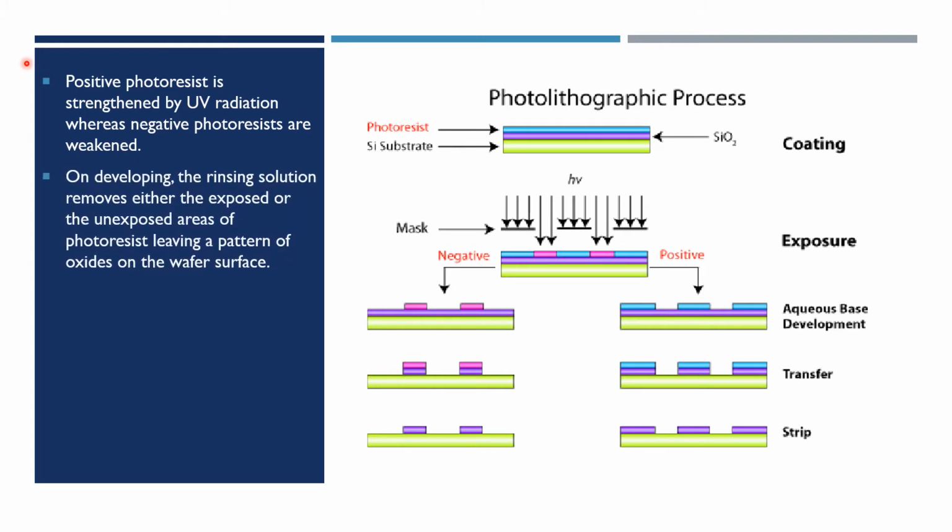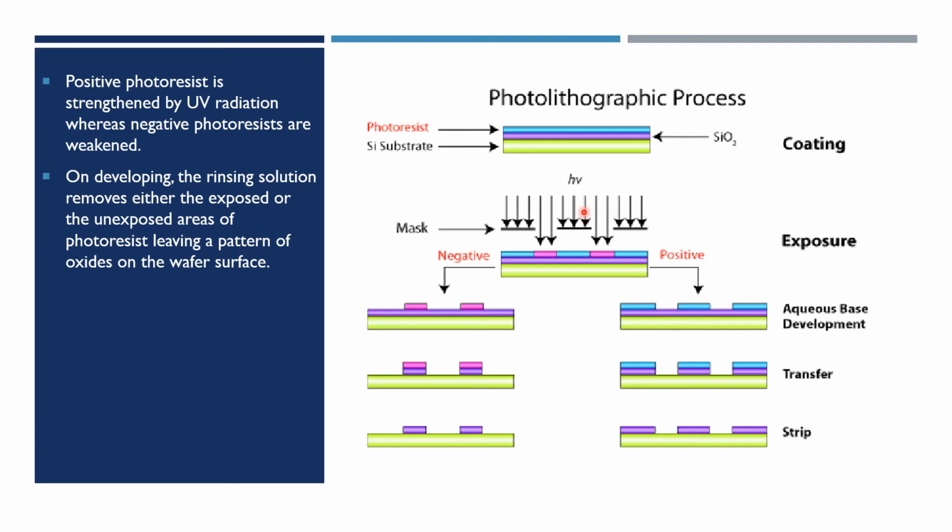So on developing using a rinsing solution, just like we develop the photographic film in a closed area, this exposed region could either be removed or be maintained there. So when the UV rays fall on the photoresist layer, those portions will either be maintained or be removed depending on whether they are positive or negative.